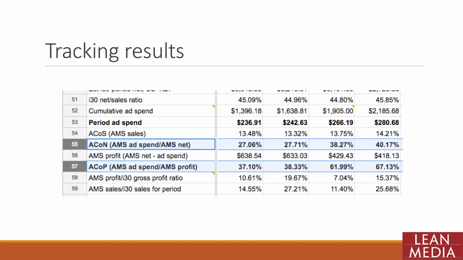Basically, once your ACOP is approaching 100%, you should really be questioning whether this is a good use of your money, or you should really recalibrate how your ads are working, and that might mean changing the bids that you're placing on keywords, or maybe creating a new ad with different ad copy or different images to use.